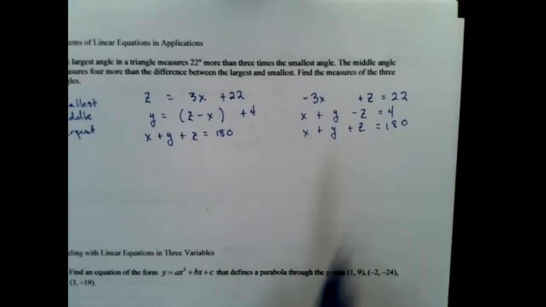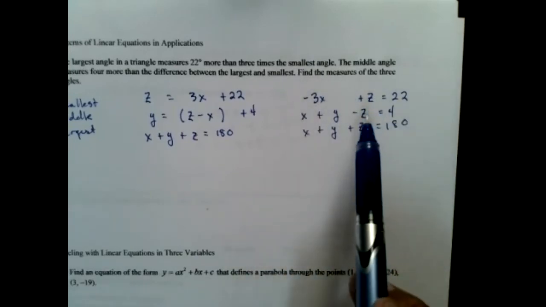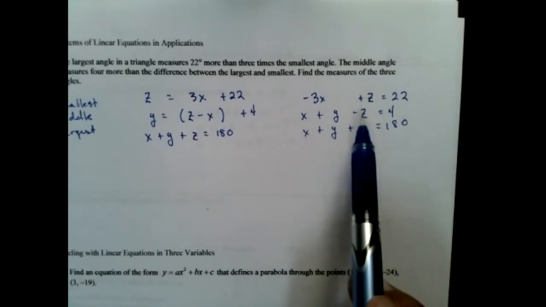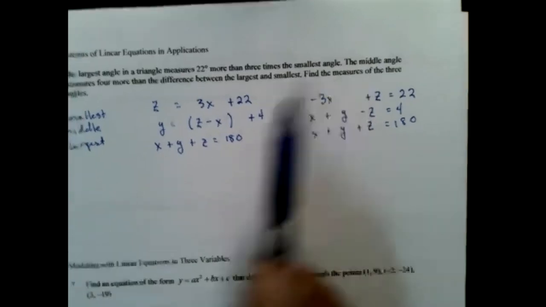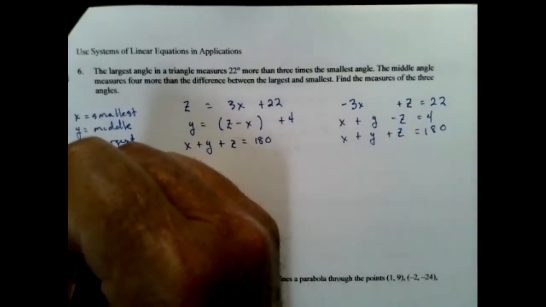I went and cleaned them up. I think I might get rid of z's. I'm going to take 1 and 2 and then 2 and 3. Row 1 and row 2.